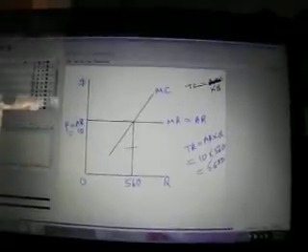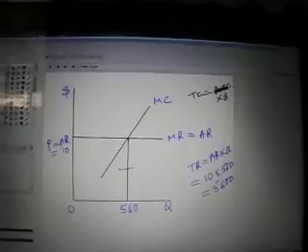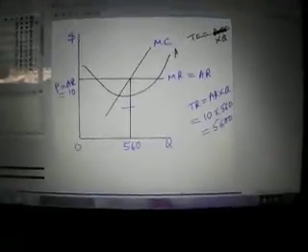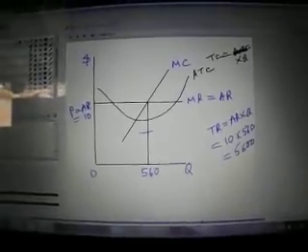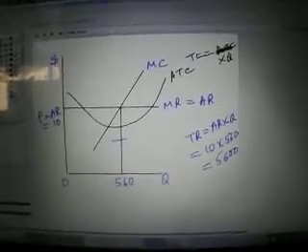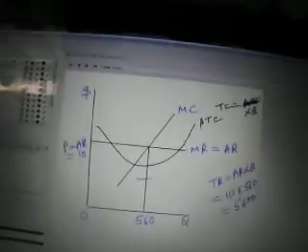So let's say that we know that the average total cost curve is U-shaped. So here is the average total cost curve. And this average total cost curve intersects with the point of equilibrium right here, and that is less than 10, right?